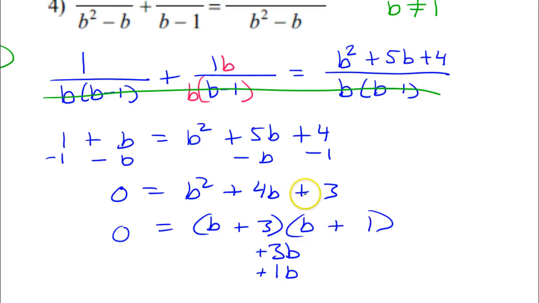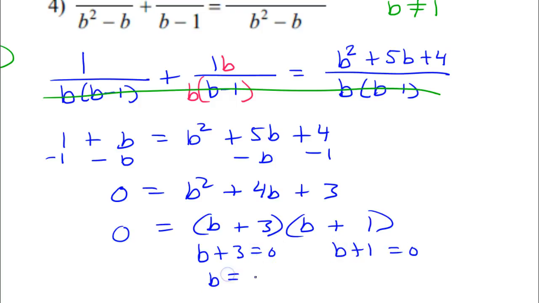Positive times a positive is a positive for the positive 3, so this is working. Alright, let's set each of these equal to 0. So that gives me b equals negative 3, or b equals negative 1.